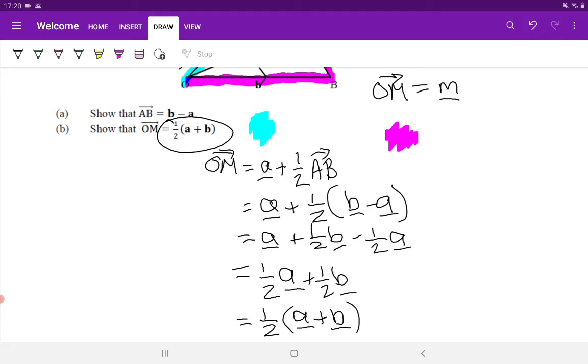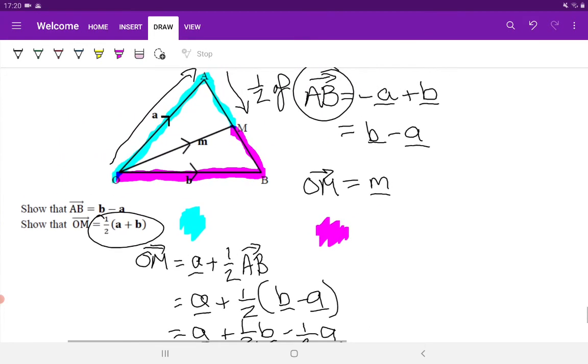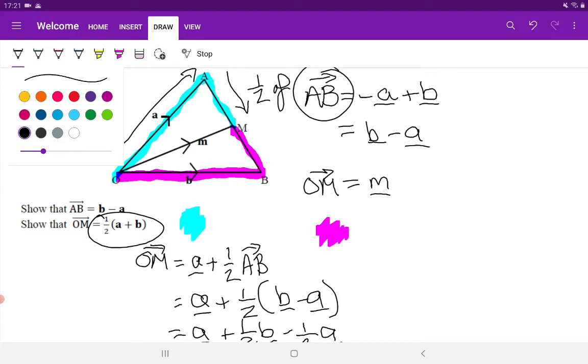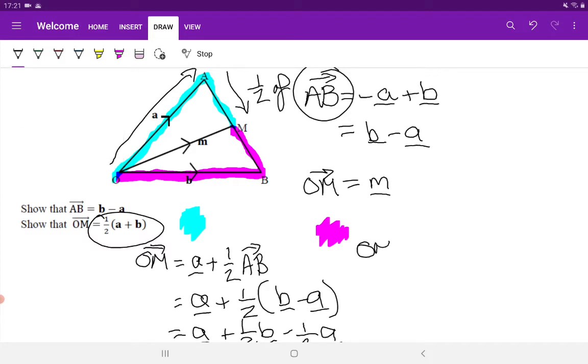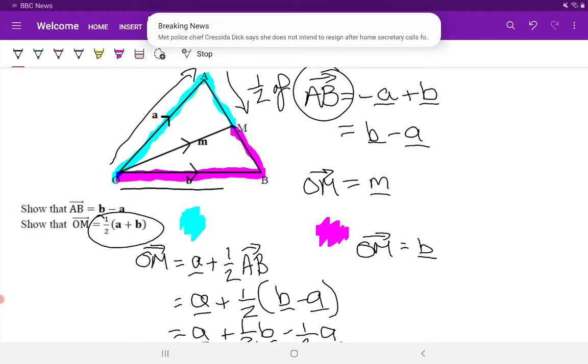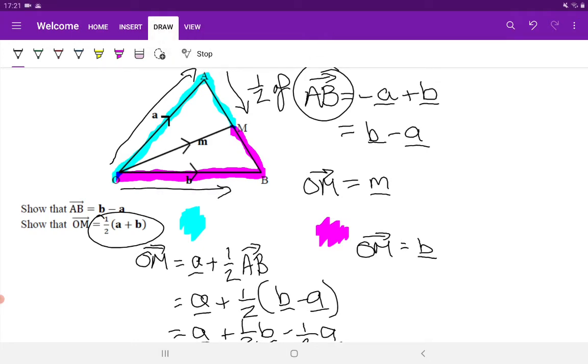But we had this other route that we said would work as well for OM, if we go O to B and then B to M. Okay, now, if we do it that way, we're going to have OM is vector B, so we're going along here first, okay, and then we're going halfway up BA, okay, halfway up BA.